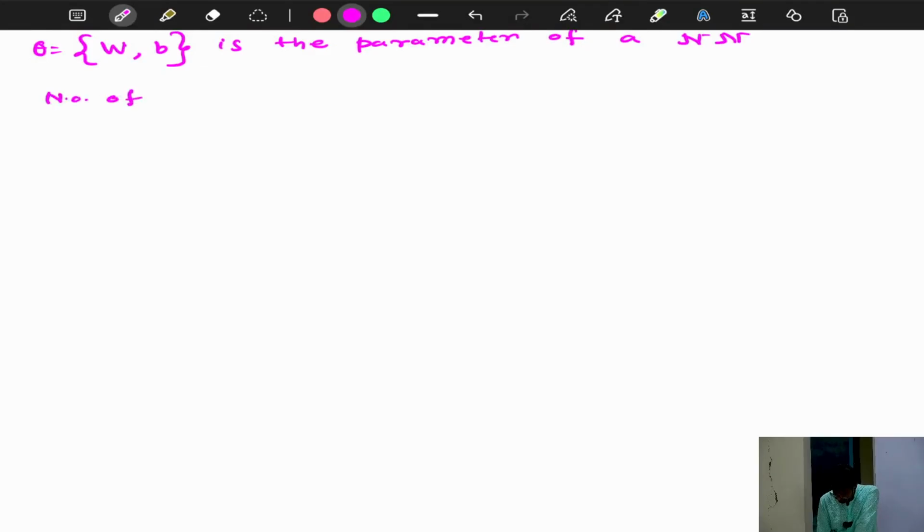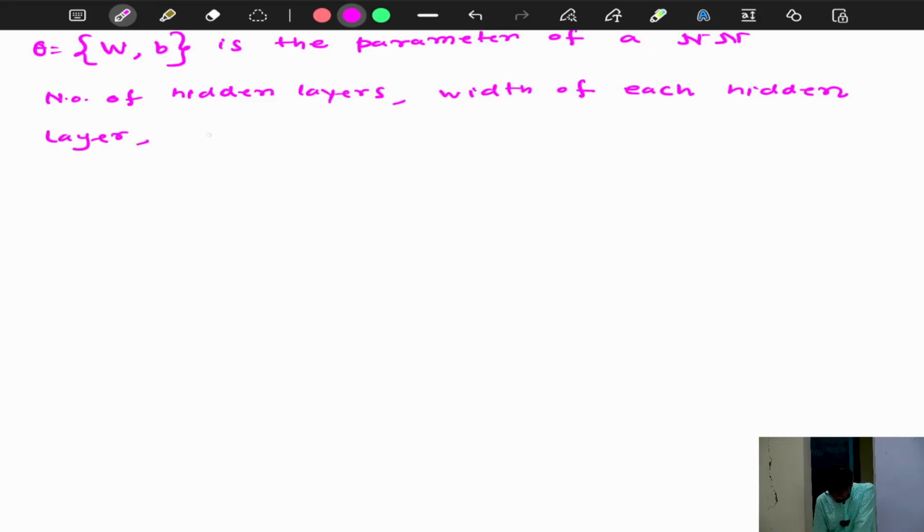And parallelly, as I said, the number of hidden layers, with the width, I am intentionally using this term, which is the number of neurons of each hidden layer, and the activation function, mostly the activation function of all but the last layer.